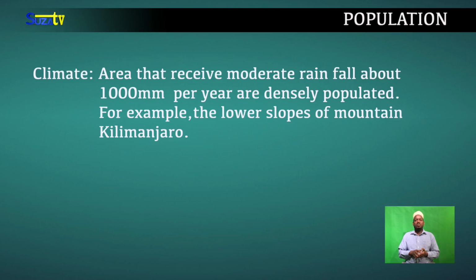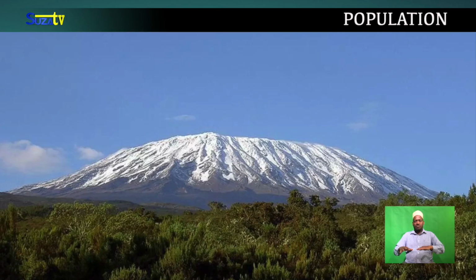As we say, the people are not distributed simply; there are factors or reasons behind it. For example, the lower slope of Mountain Kilimanjaro is a gentle slope area.